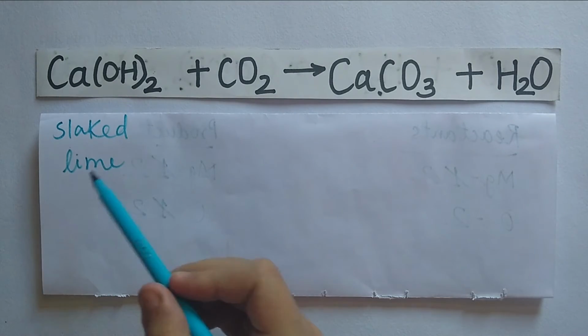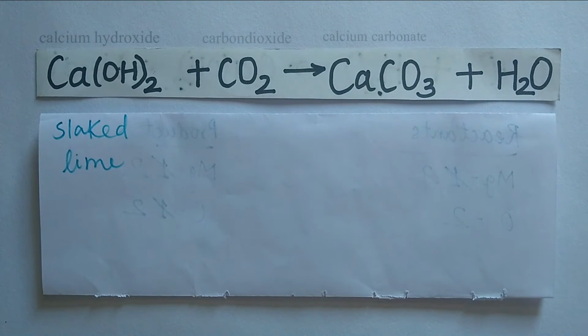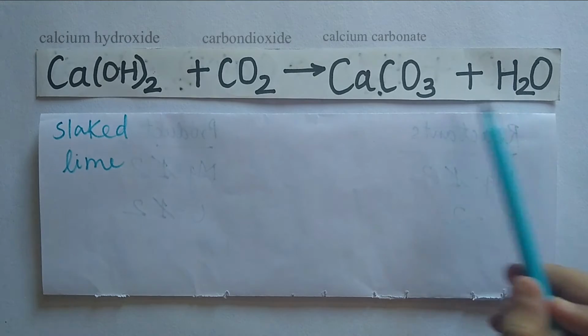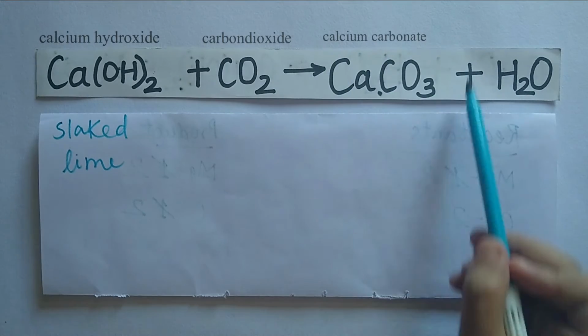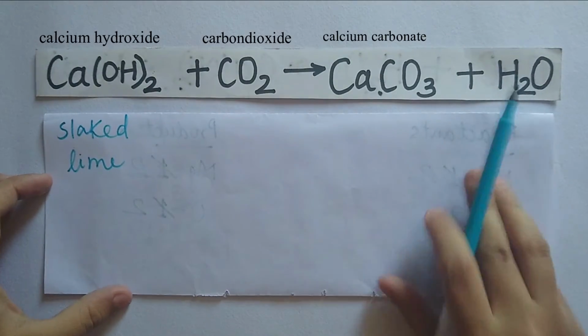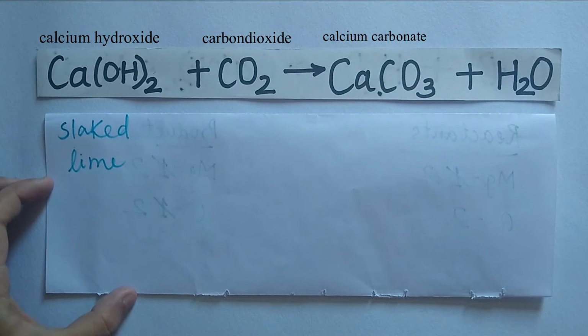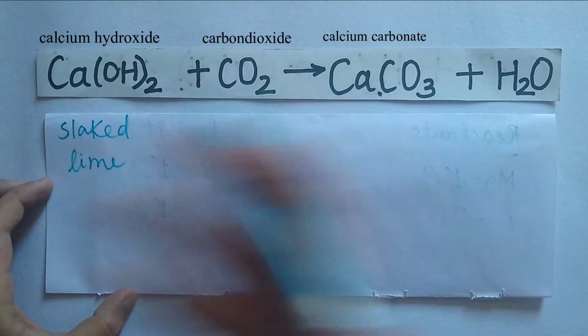Alright, so what is happening in this equation? The same slaked lime is reacting with carbon dioxide to give us CaCO3, which is also called calcium carbonate, and water as a side product. So why is this equation important to us? This is one of the applications. This equation shows us one of the uses of these two compounds.